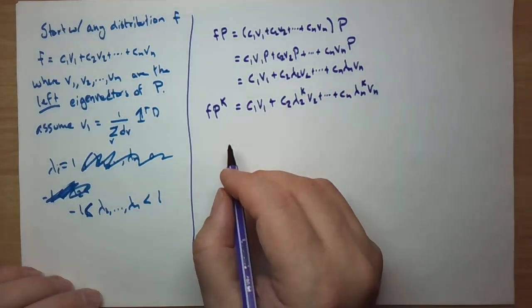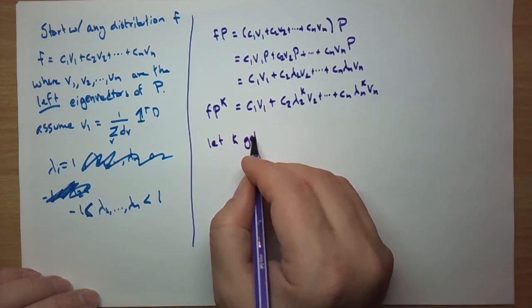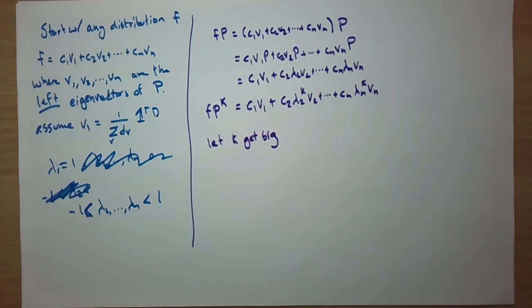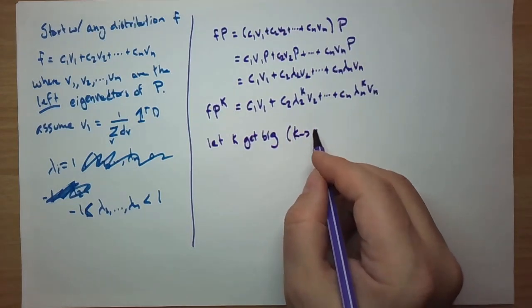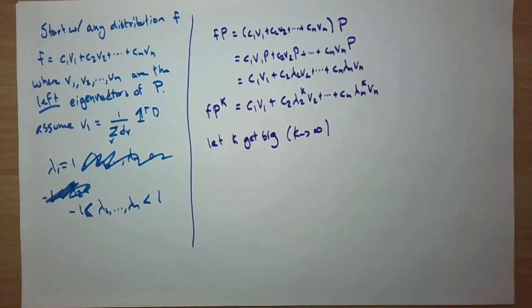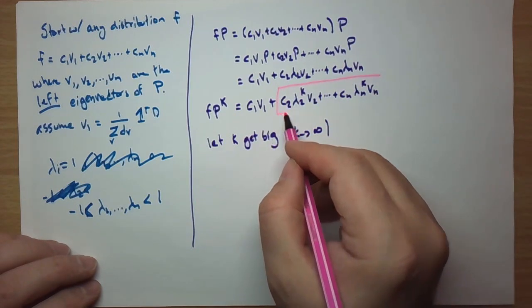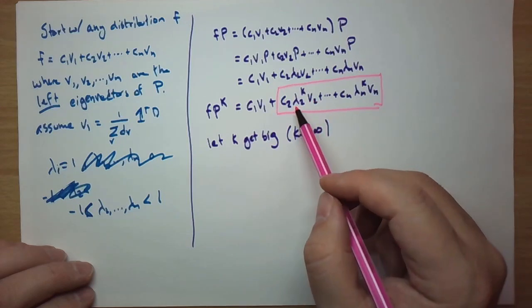Well, now let k get big. In other words, think of it as many, many, many steps. So k goes to infinity. What happens as k goes to infinity? We're just left with C1 V1 because C2 through Cn all have magnitude less than 1.